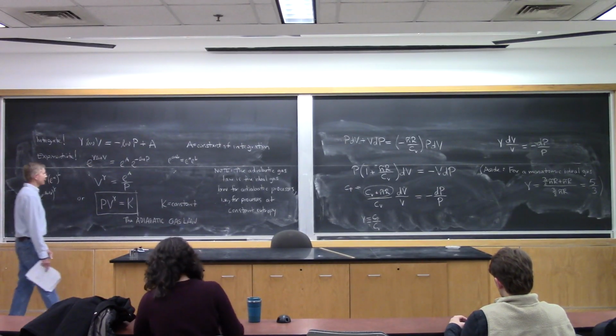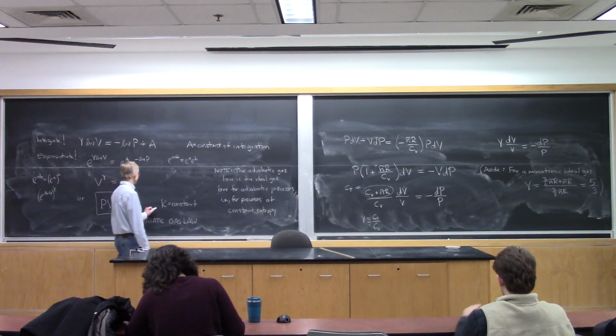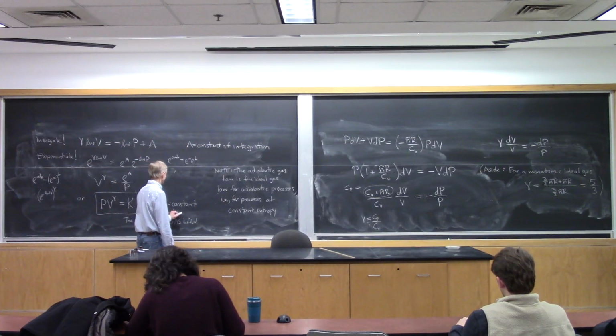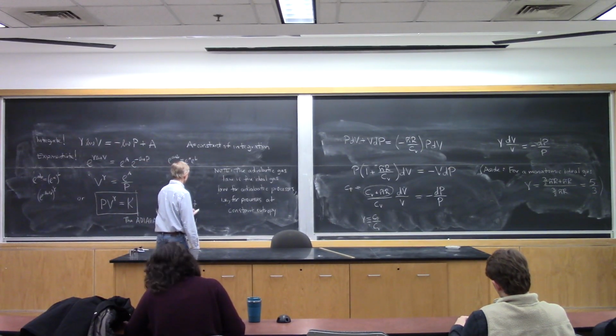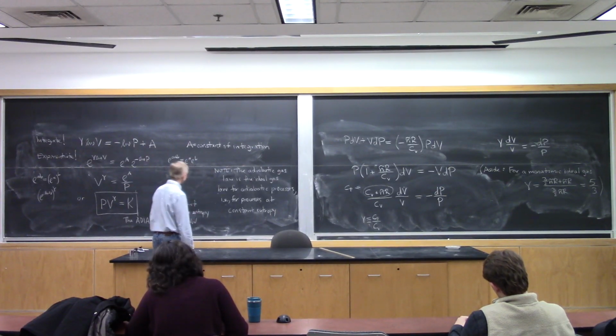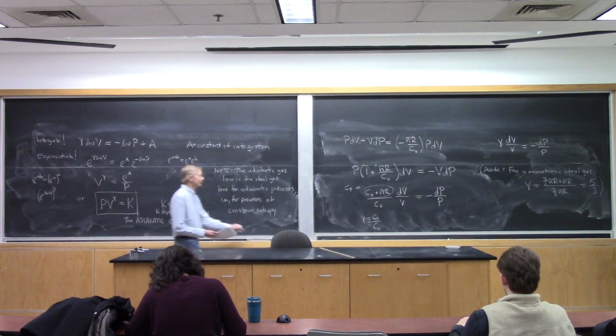So if the entropy is constant, PV to the gamma is equal to some constant K, and in fact, K depends on the entropy. The constant depends on the value of the entropy of the gas, really the entropy per unit mass here.